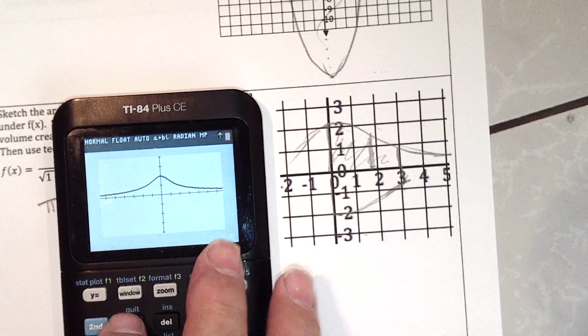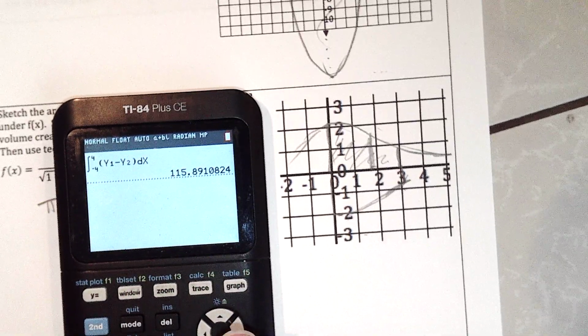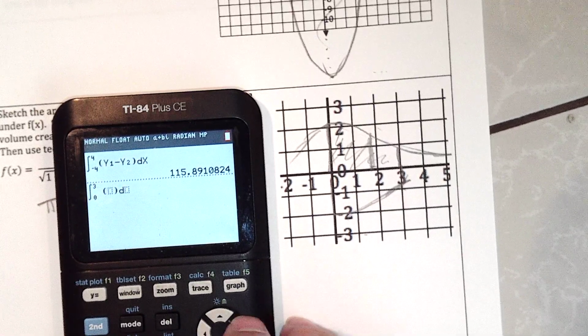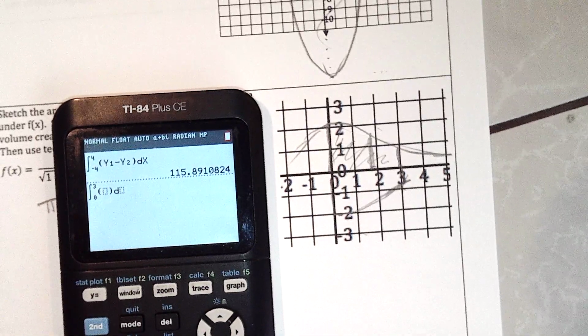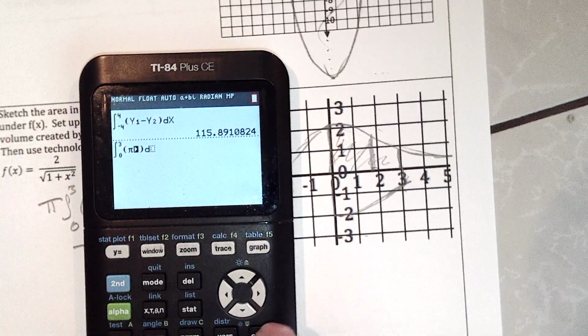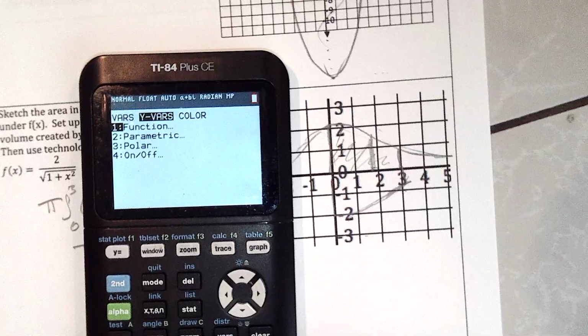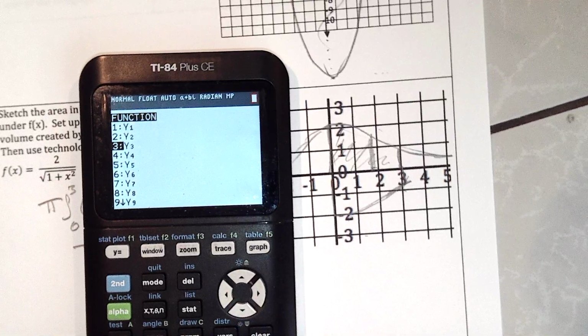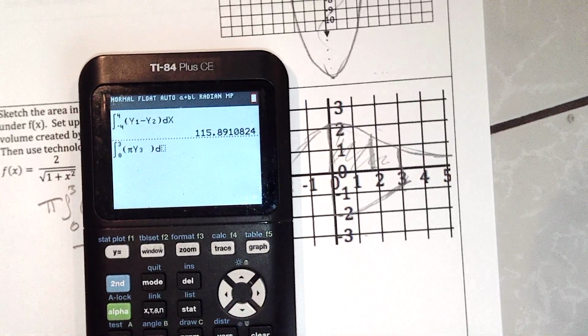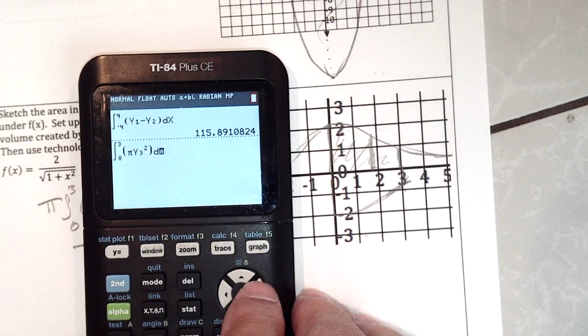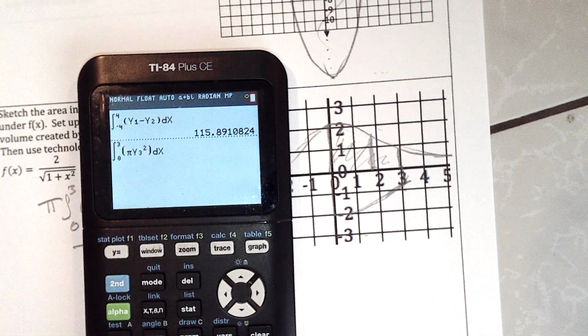Calculator, it'd be math 9 from 0 to 3 of pi times that squared, dx.